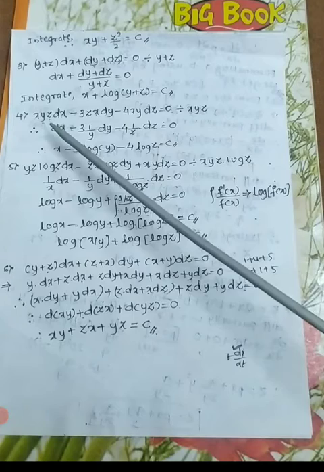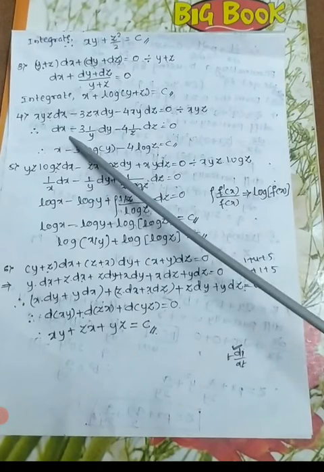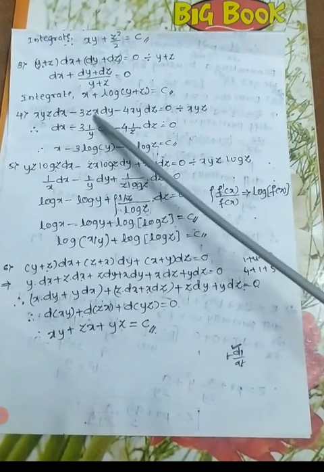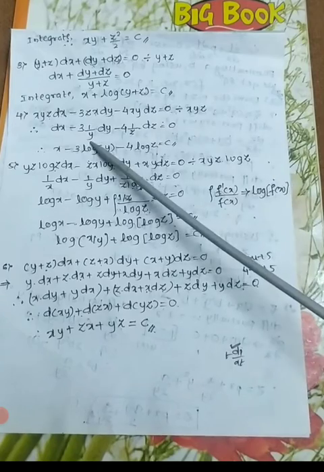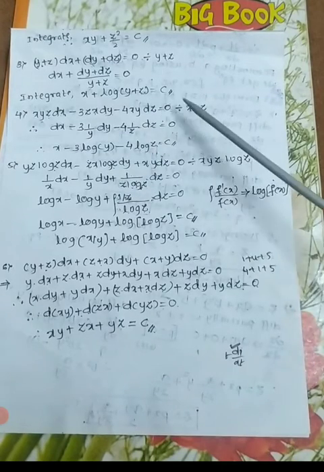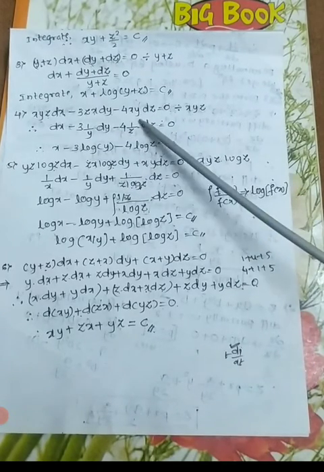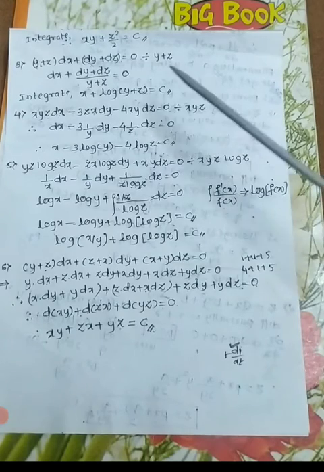In the first term, yz cancels, simply you get dx; minus 3, constant as it is, zx cancels, remaining is 1 by y, dy; minus 4 as it is, xy cancels, you get 1 by z, dz equals 0.